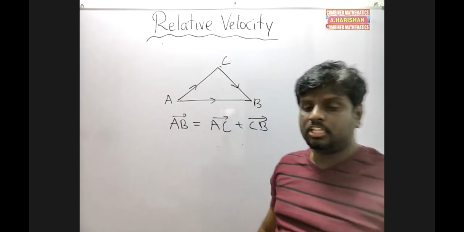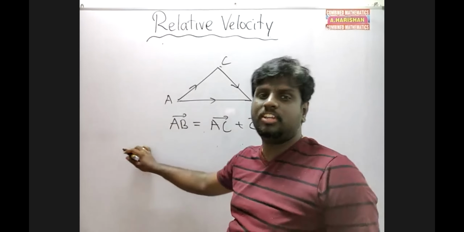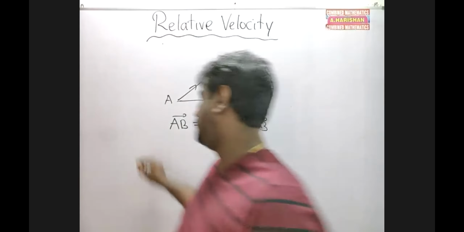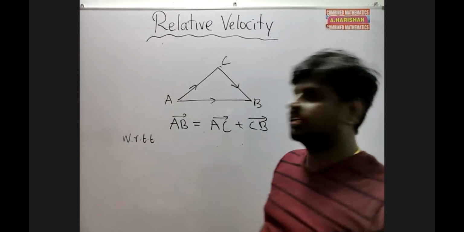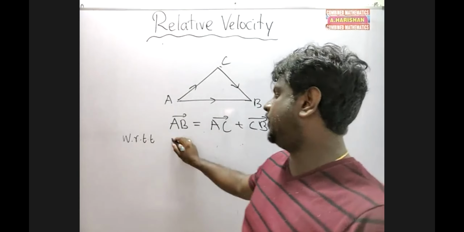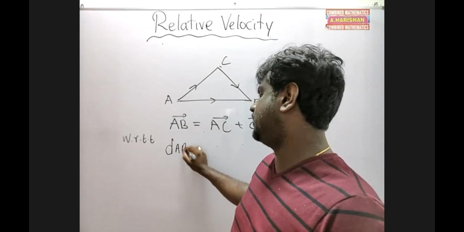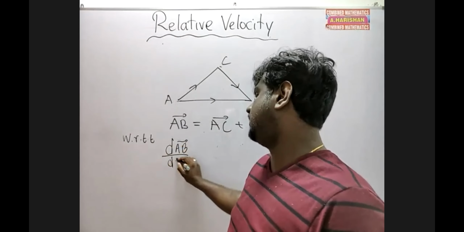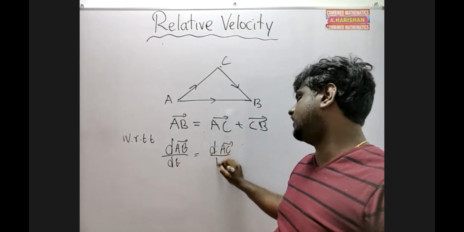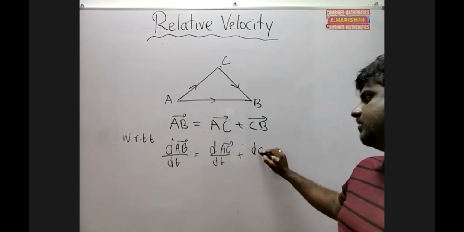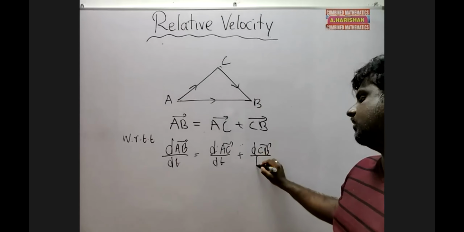Now I'm going to differentiate this with respect to time. We have learned differentiation. So dAB over dt equals dAC over dt plus dCB over dt.